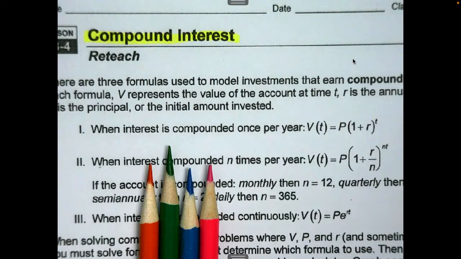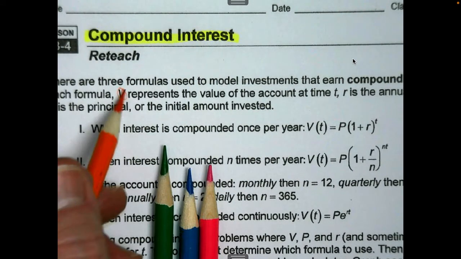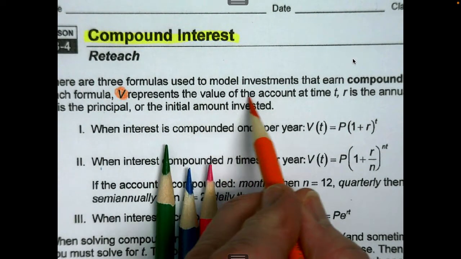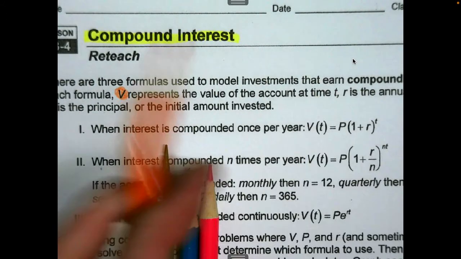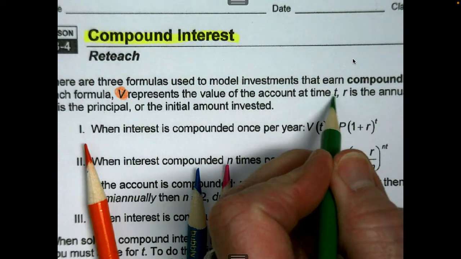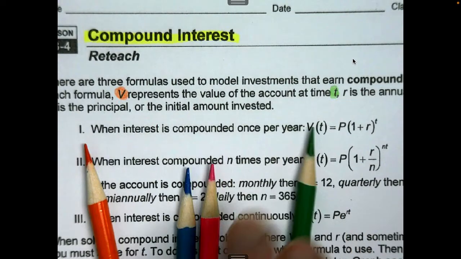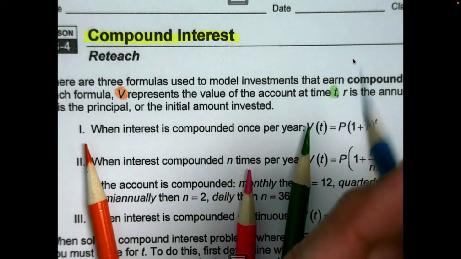V, I believe we're going to color with orange, represents the value of the account at a certain time T, which we will color green. And R is the interest rate, so we'll make that guy blue.